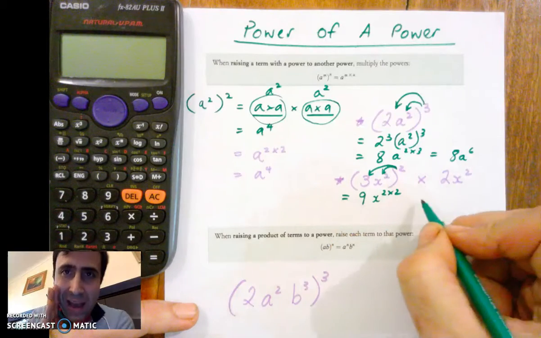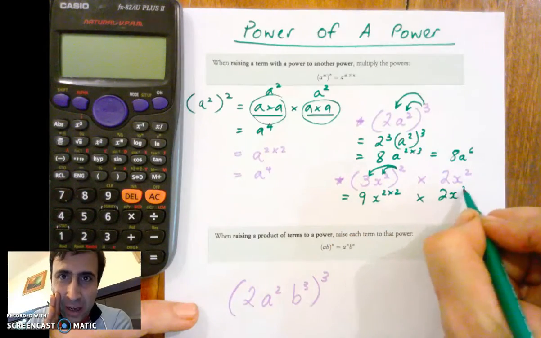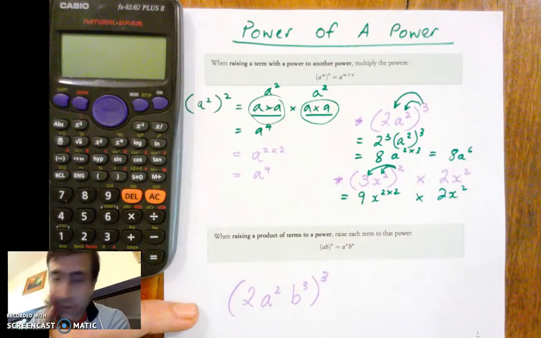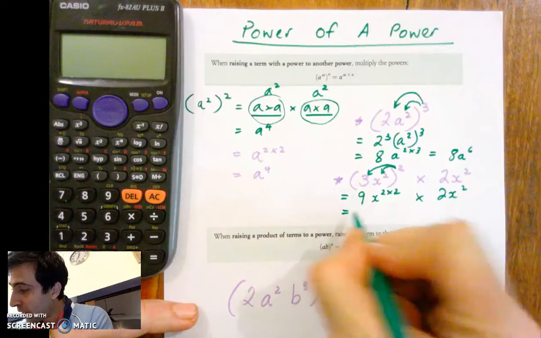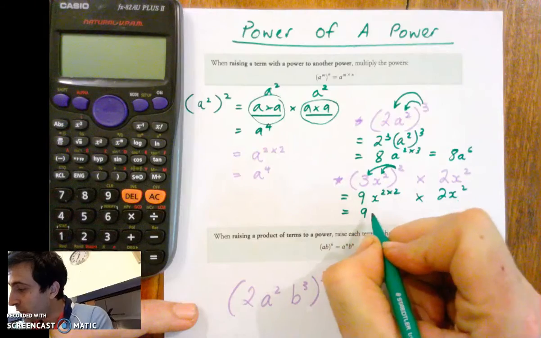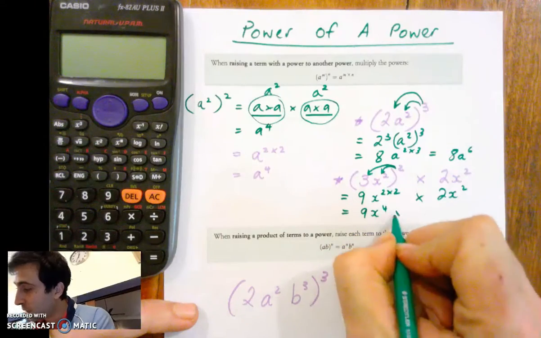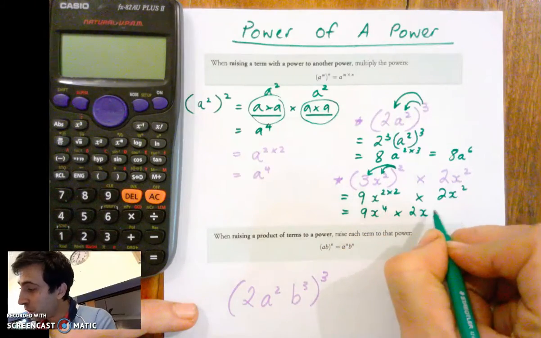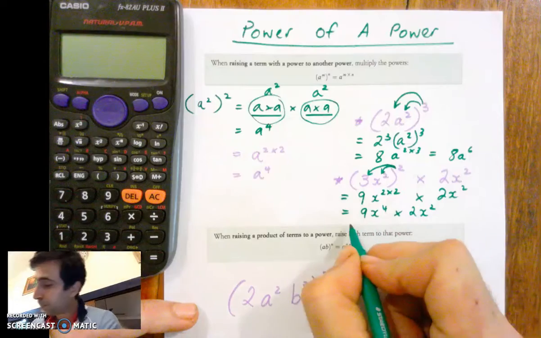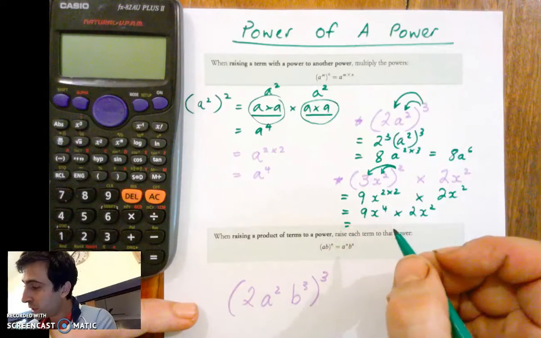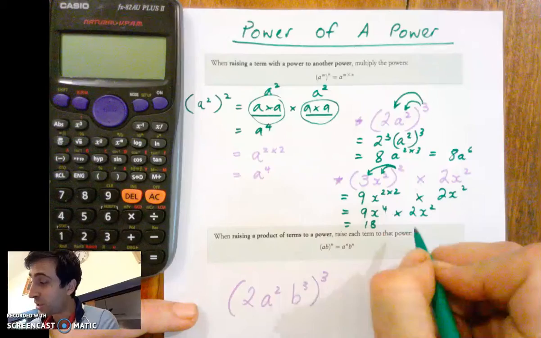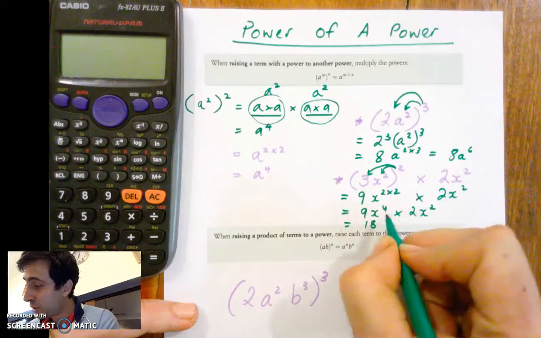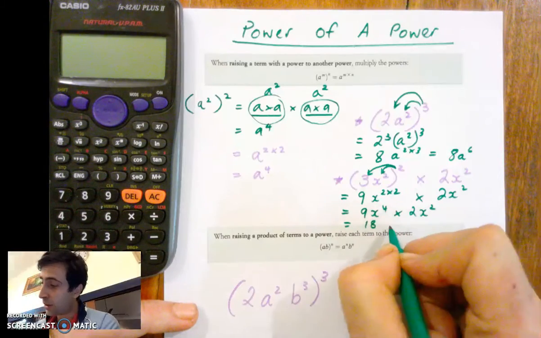So I'm adding, or using the other index law we learnt last video. So that's the same as saying 9x to the power of 4 times 2x squared, which equals, I'm running out of room, I do apologise, 9 times 2, which is 18. x to the power of 4 times x to the power of 2 is just x to the power of 4 plus 2, which is x to the power of 6.